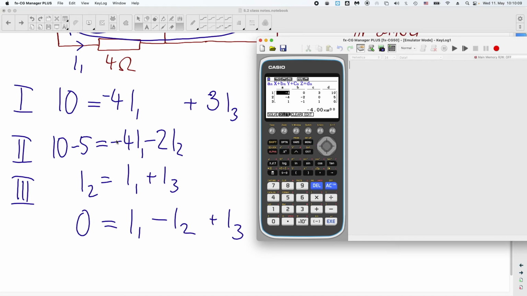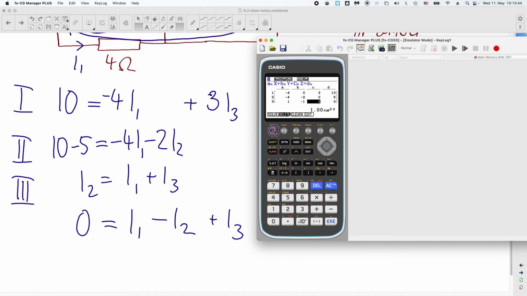So these are all fine. For my first line, I have negative 4 I1, that's correct. I2 doesn't feature, so 0 is the right number, and then it's 3. For the next line, I have negative 4 I1, and then negative 2 I2, and I3 doesn't feature, so 0. And for the last line, the values are correct as well.